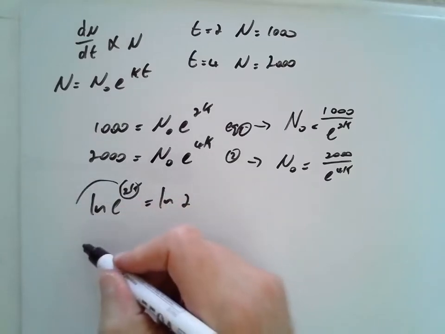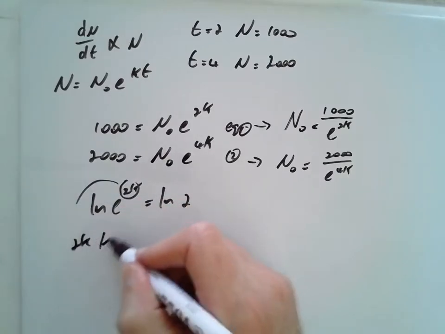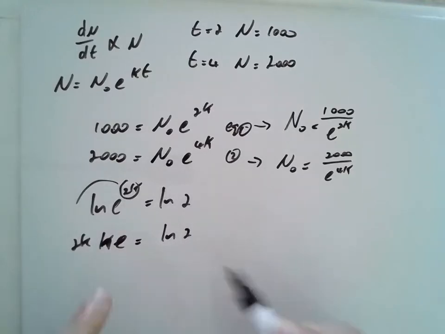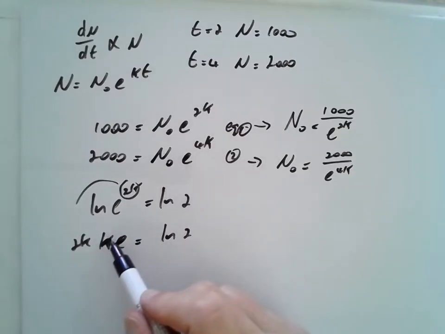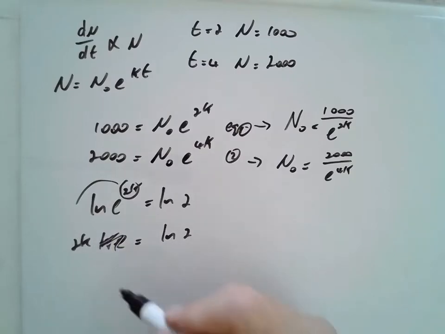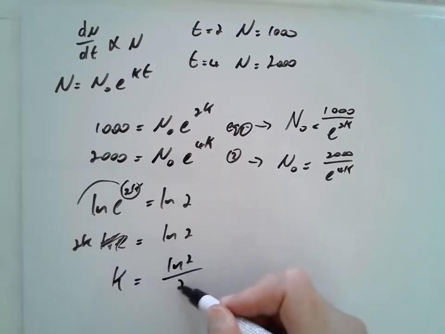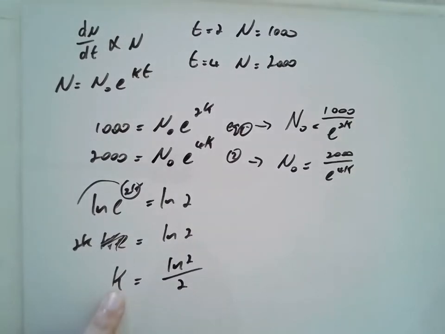That 2k comes down the front, and log to base e of e is just 1, so I'm getting k equals log 2 on 2. Okay, so there's our k.